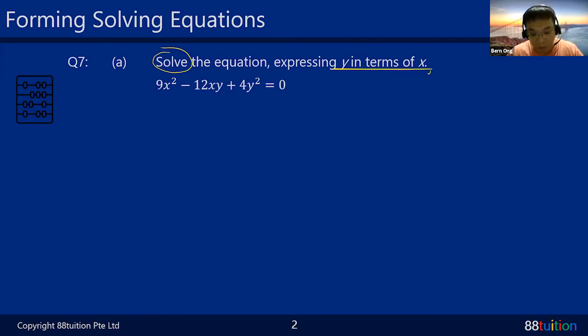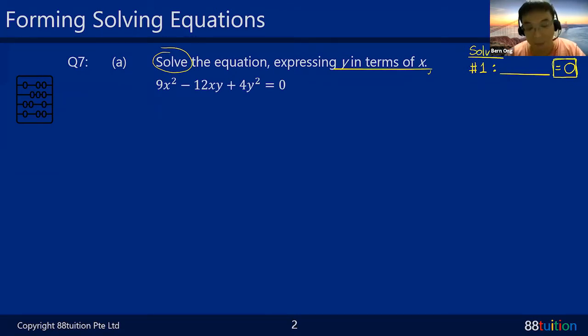How to do? Okay, so usually for solving, I have a couple of rules. Number one rule is what? Whatever you do, you must have the equal to 0 portion. Use this as the guideline, it'll be very useful. Trust me.